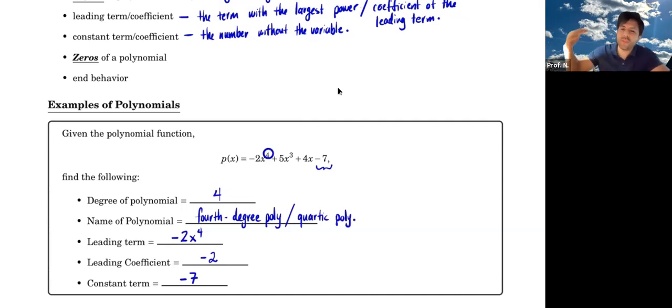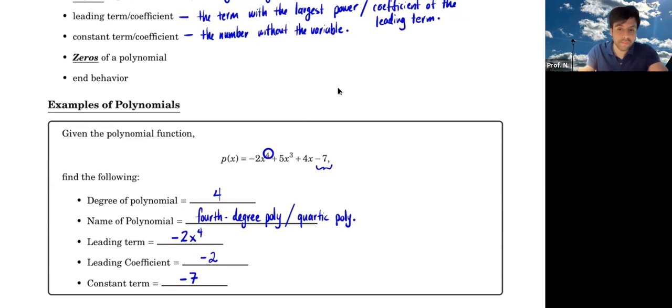And of course, as you continue on with the exponents, fifth degree polynomial, sixth degree polynomial, I don't know if we have specific names for those. But for example, if it's a third degree polynomial, we call them cubic polynomials. If it's a second degree polynomial, we call them quadratics.